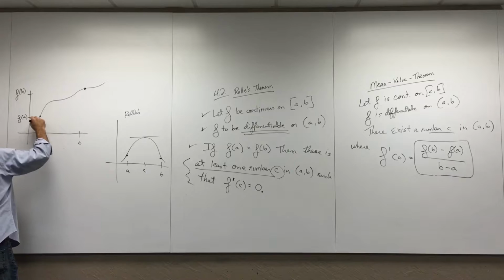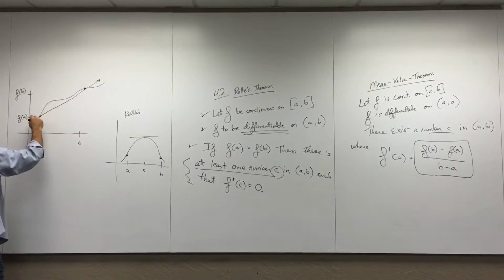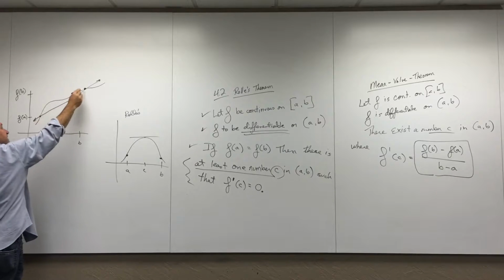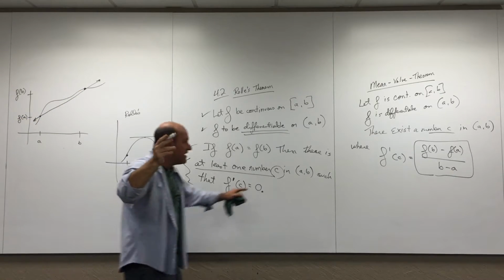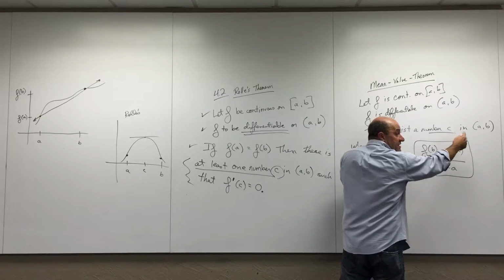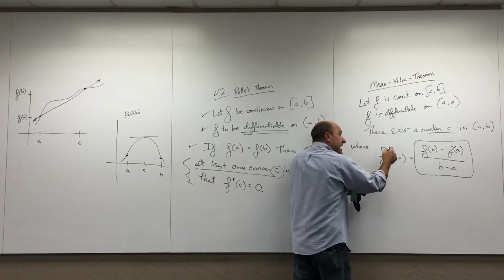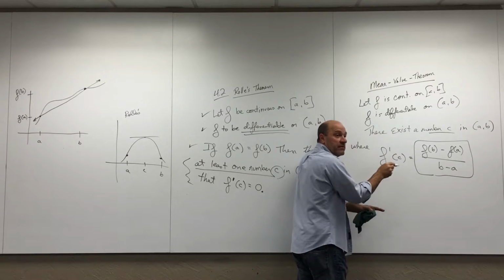So what are they saying? If you calculate the slope between those two points, they're saying there is a number c such that somewhere the tangent line has that slope.